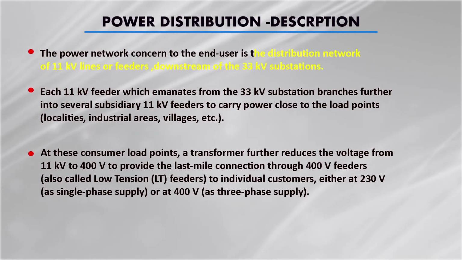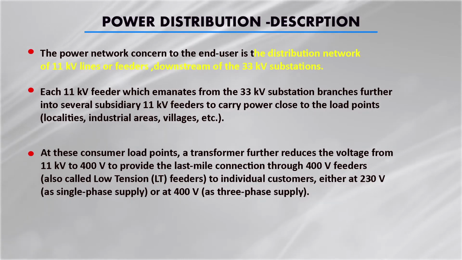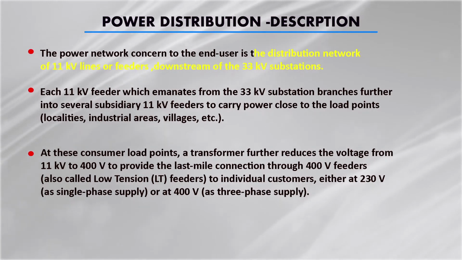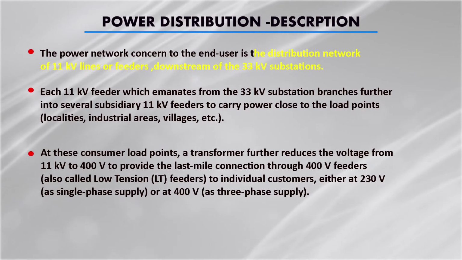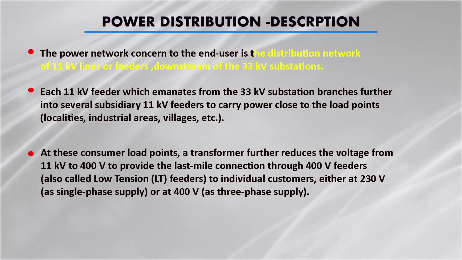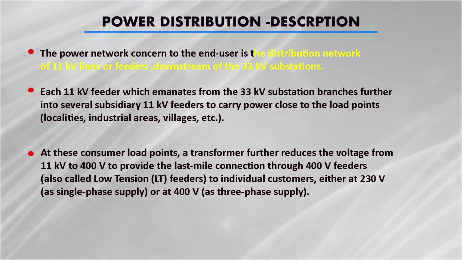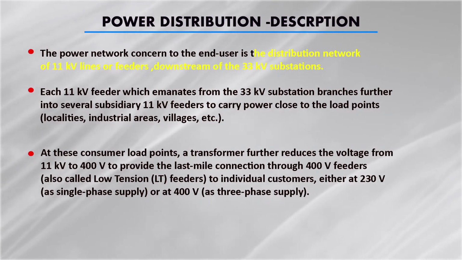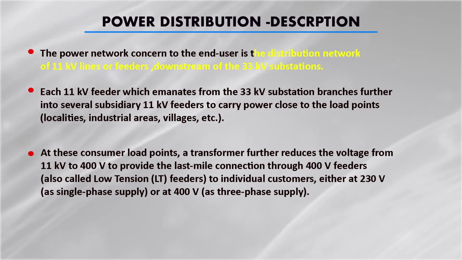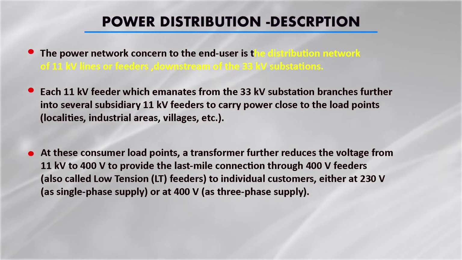So now our aim is to convert the voltage from 11 kV to 400 V to provide the last mile connections through the 400 volt feeder, which is called the low tension feeder, LT feeder, which is a very popular name.